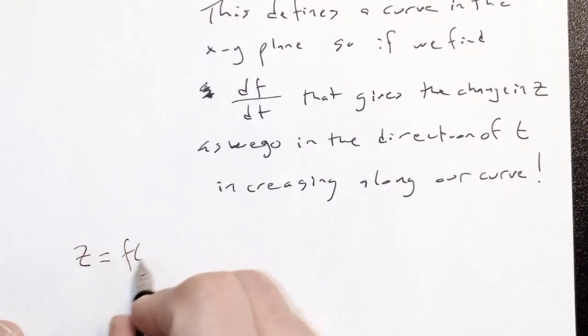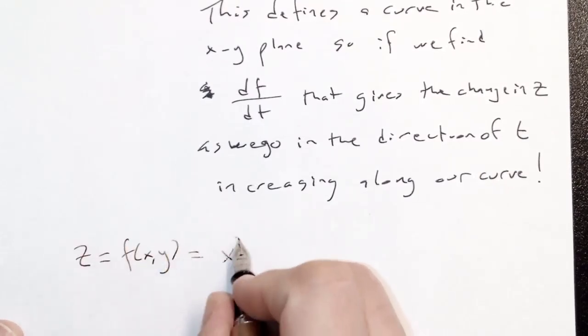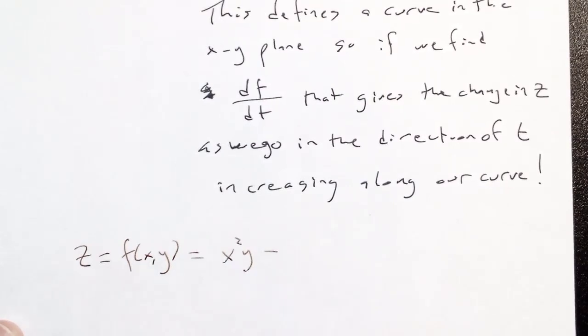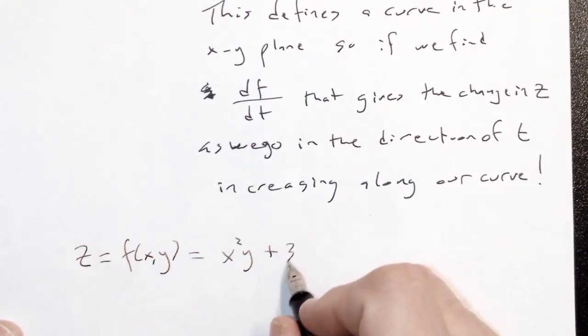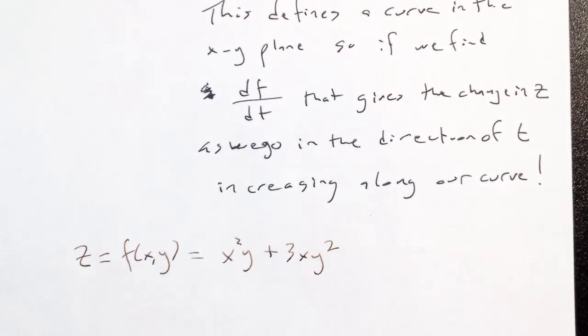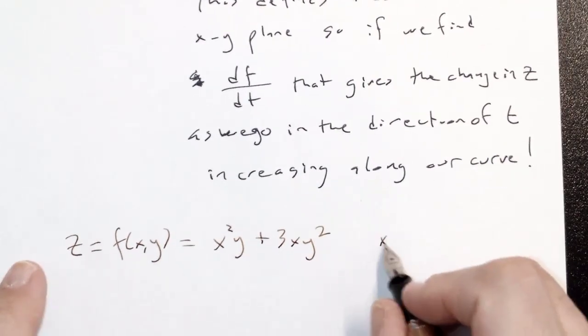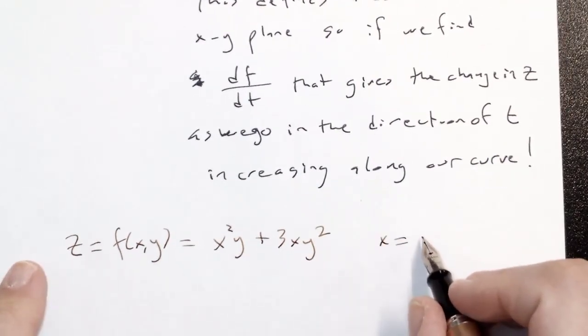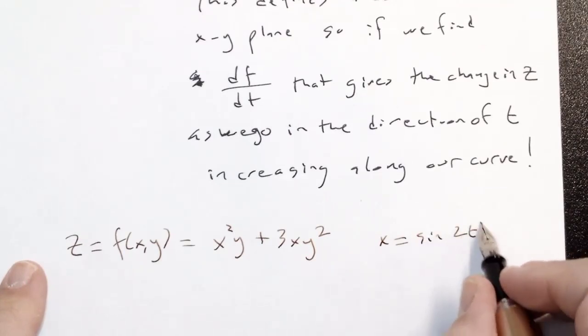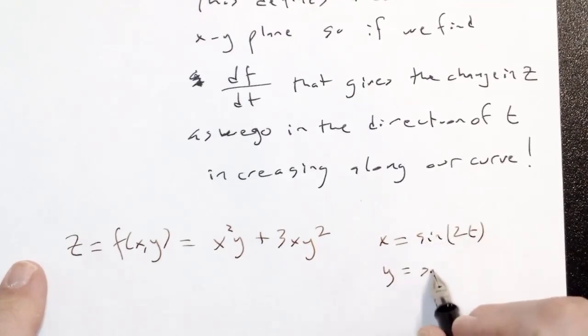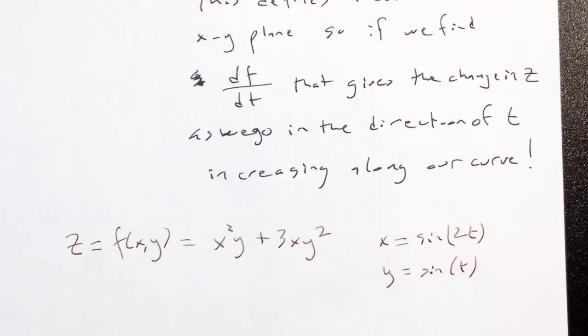Z equals f of xy equals x squared y, I'm sorry, plus 3xy squared. X equals sine of 2t, y equals sine of t.